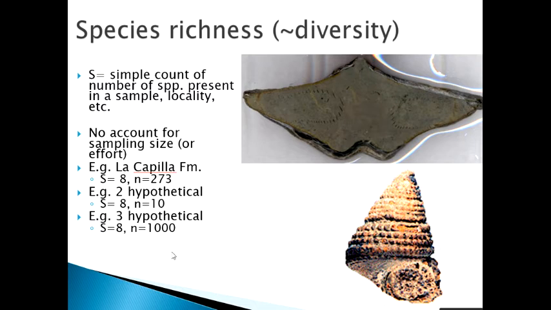And because of this difference in these numbers here, we have created a whole series of what we call diversity indexes or diversity indices. And these are ways to sort of take into account these different levels of sampling effort.